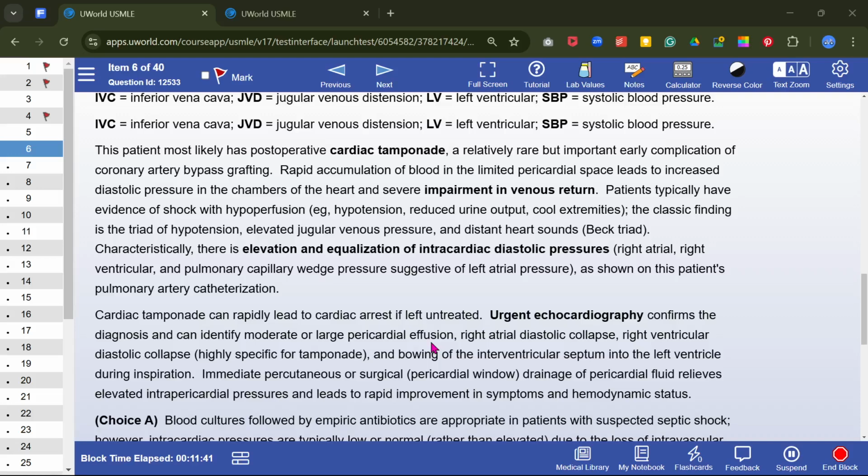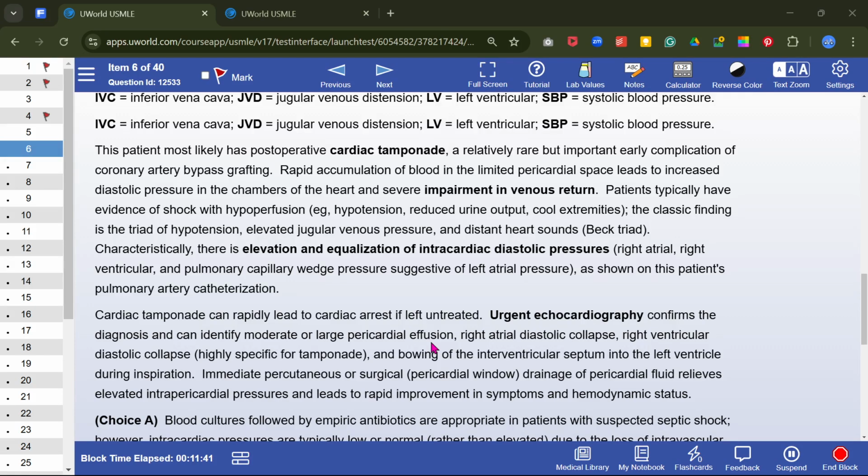Rapid accumulation of fluid in the limited pericardial space leads to increased diastolic pressure in the chambers of the heart and severe impairment in venous return. Patients typically have evidence of shock with hypoperfusion, and the classic finding is the triad: hypotension, elevated JVP, and distant heart sounds.